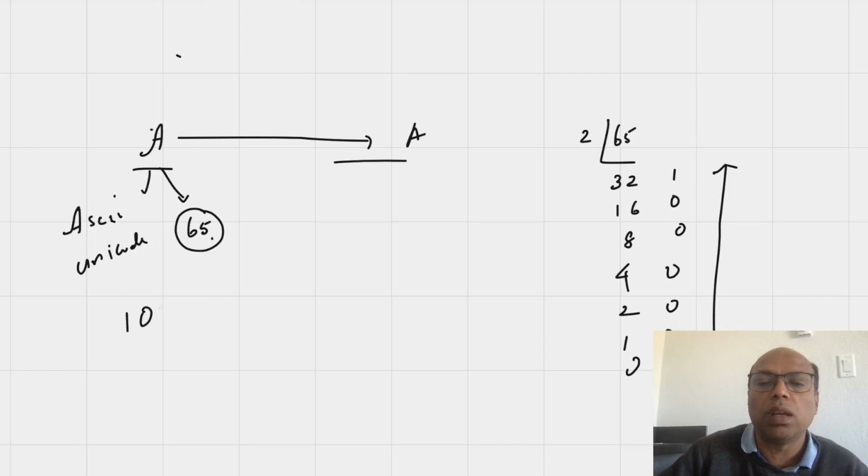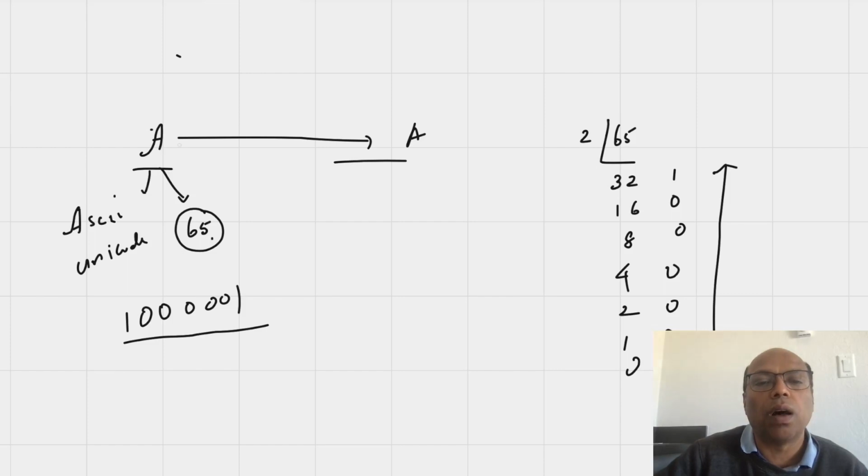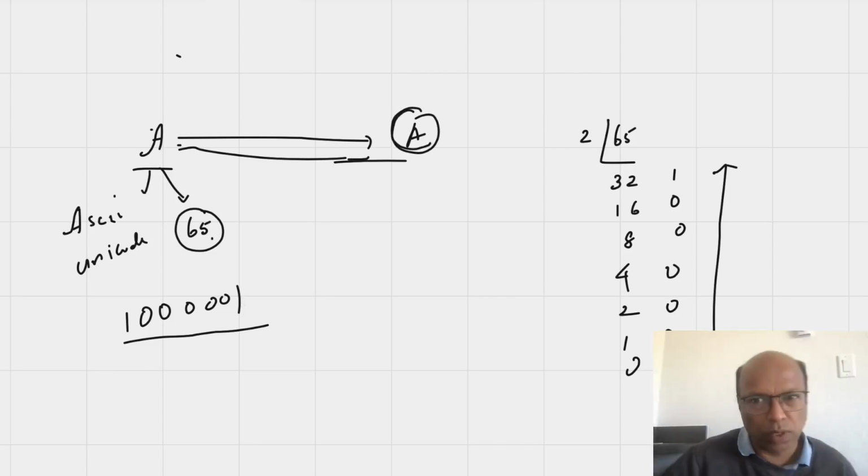This is going to go into the network, a signal of power: 1 means it will be on, 0 means it will be off. This value is going to travel through my machine and come to the monitor. When it comes to the monitor, the binary form is converted back to the character form. This is what is going to happen.